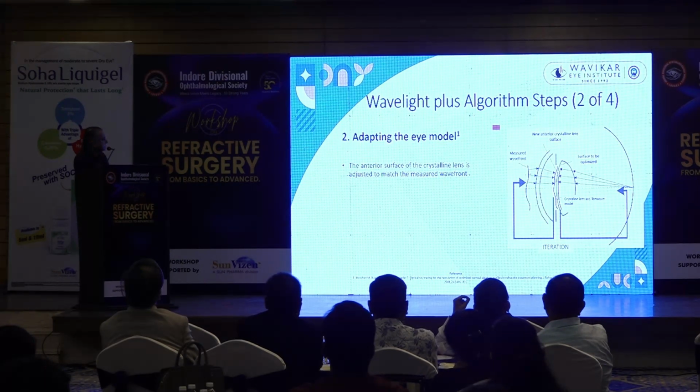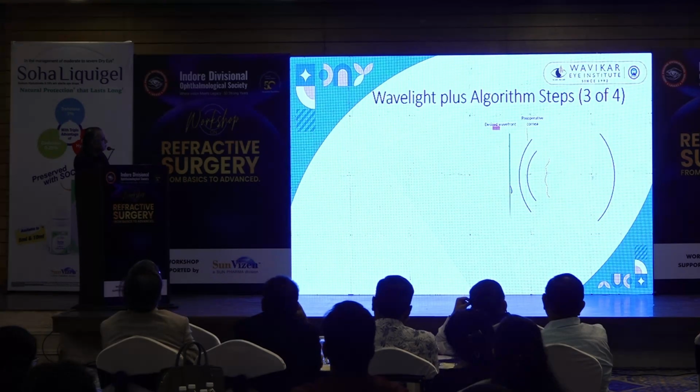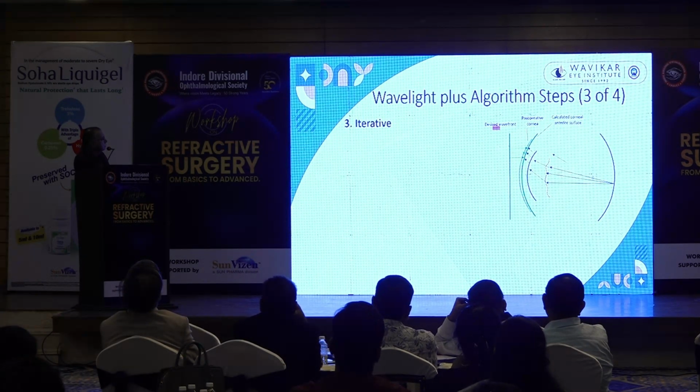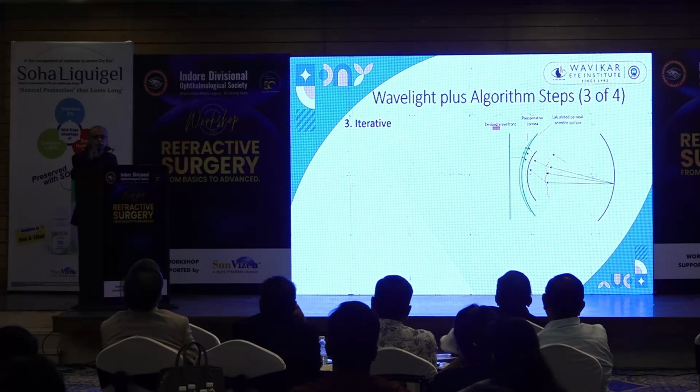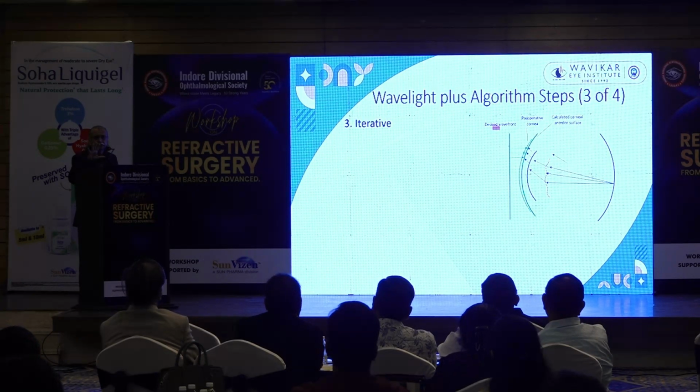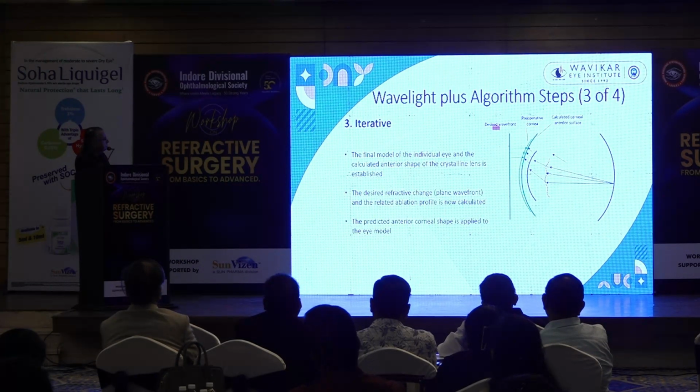Once you do that, you have to do iteration and reiteration. That means it goes to and fro, to understand what type of customized treatment is very good for this patient to get good results. That is why you can say that it is truly customized treatment.